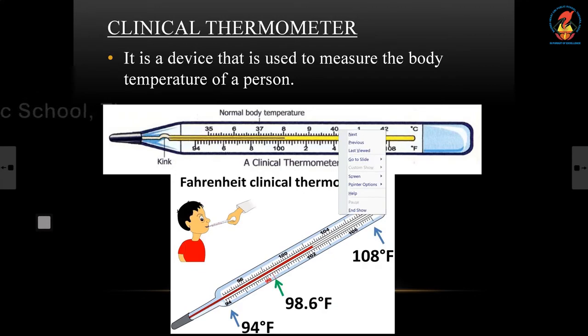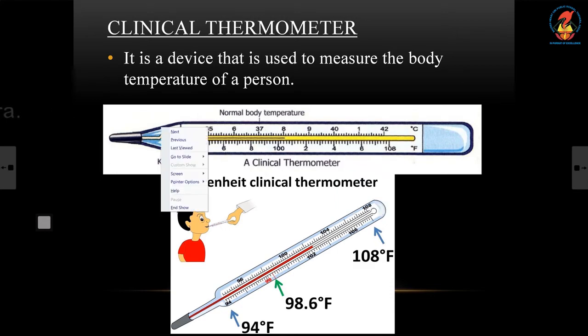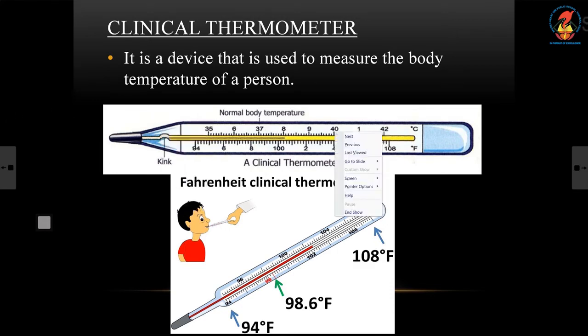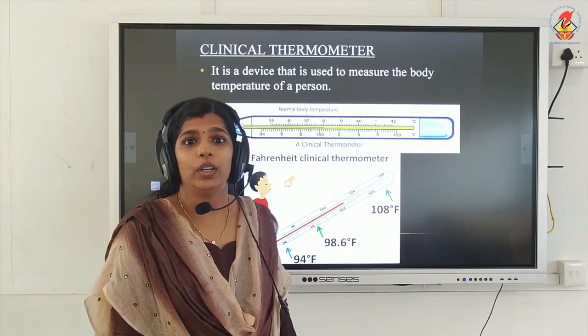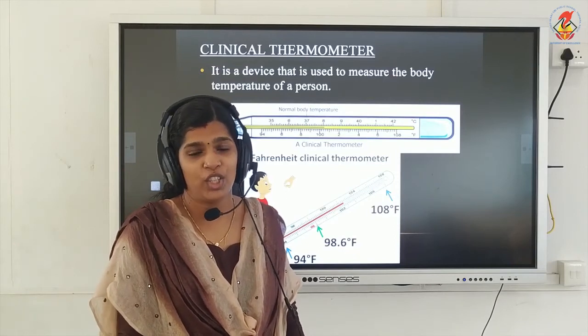Temperatures above 42 and below 35 cannot be measured using a clinical thermometer. Why? The reason is that it's designed to measure our body temperature, and our body temperature will not go below 35 or above 42 degrees Celsius.